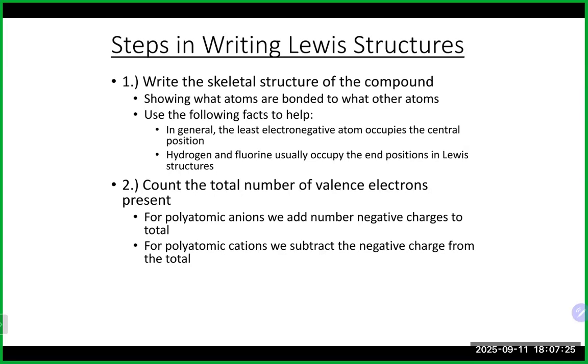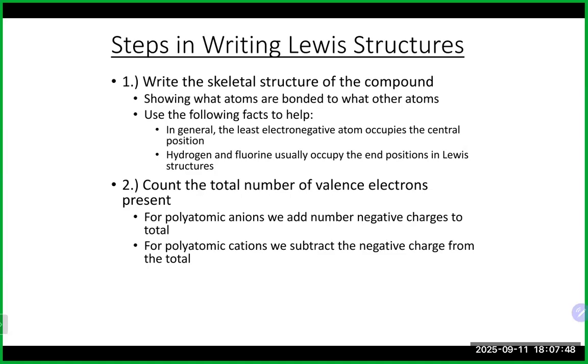The first thing to think about, when you have a formula and need to draw the Lewis structure for it, is the logical arrangement of how those atoms are put together. In a lot of cases, it's fairly straightforward; we don't usually get super complicated ones in here.